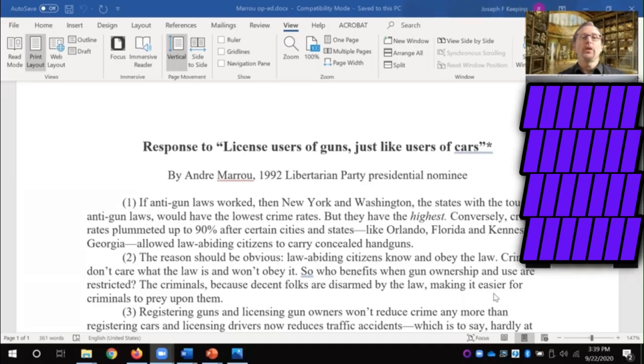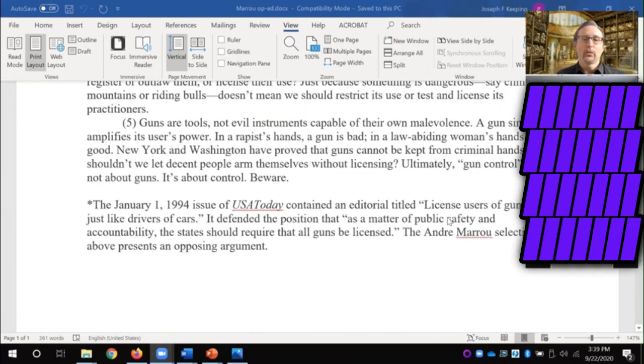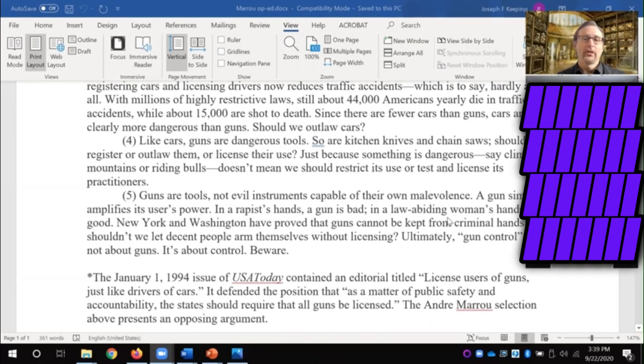Title: Response to licensed users of guns, just like users of cars, asterisk. Well, I wonder what that asterisk says. Do you wonder what that asterisk says? Here it is at the bottom of the screen. It says, the January 1st, 1994 issue of USA Today contained an editorial titled, Licensed Users of Guns, Just Like Drivers of Cars.